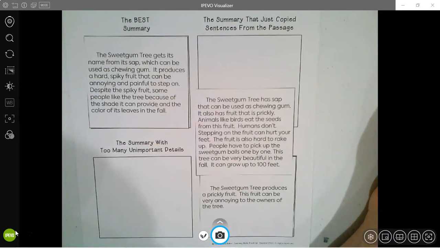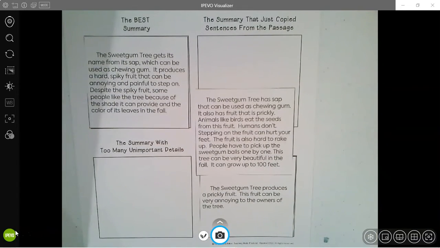It also has fruit that is prickly. Animals like birds eat the seeds from the fruit. Humans don't. Stepping on the fruit can hurt your feet. The fruit is also hard to rake up. People have to pick up the sweet gum balls one by one. This tree can be very beautiful in the fall. It can grow up to 100 feet.